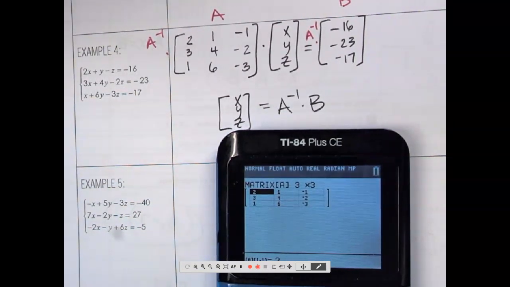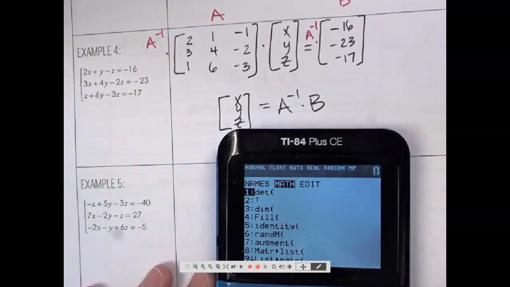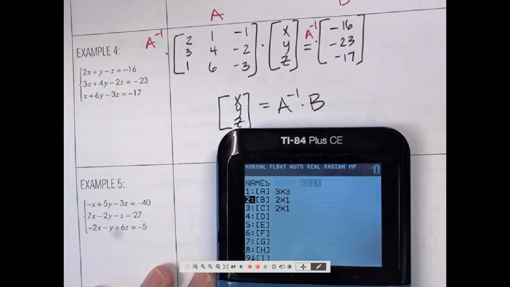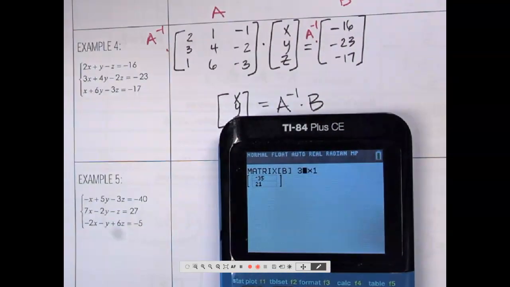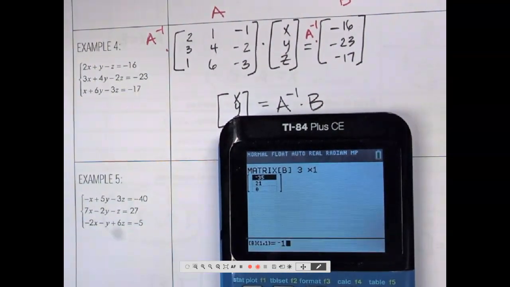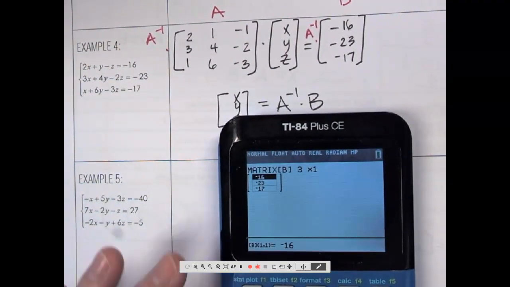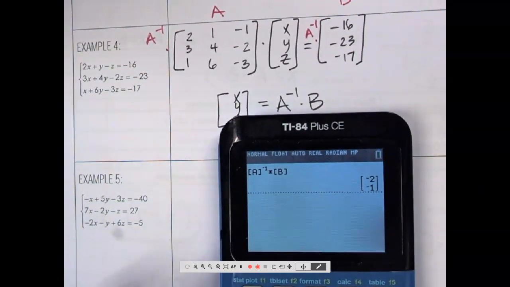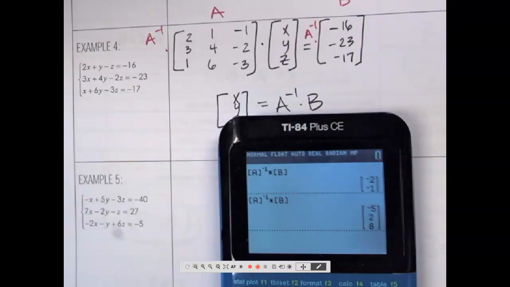Okay, so that's A. Go back, edit B. It is a 3 by 1. Okay, and I'm going to do matrix A inverse times matrix B. There's my X, Y, and Z.